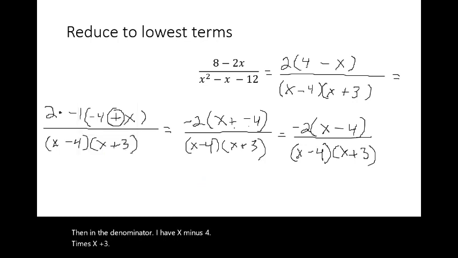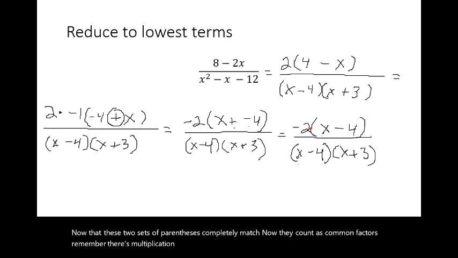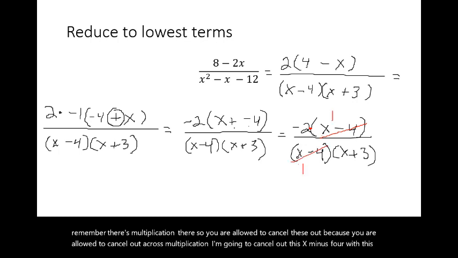Now that these two sets of parentheses completely match, now they count as common factors. Remember, there's multiplication there, so you are allowed to cancel these out because you are allowed to cancel out across multiplication. I'm going to cancel out this x minus 4 with this x minus 4.